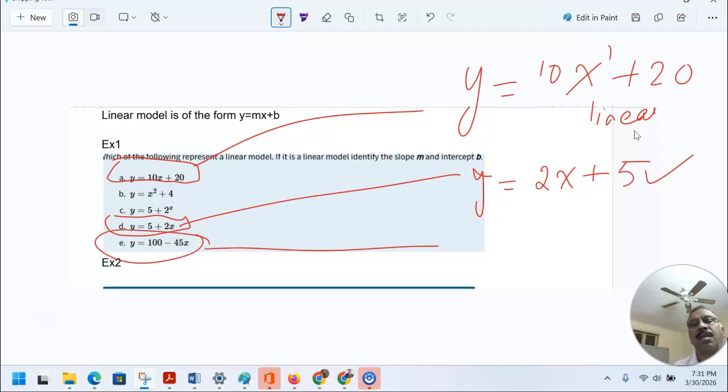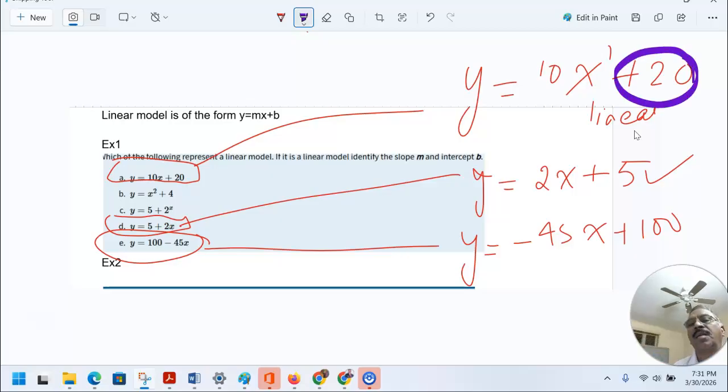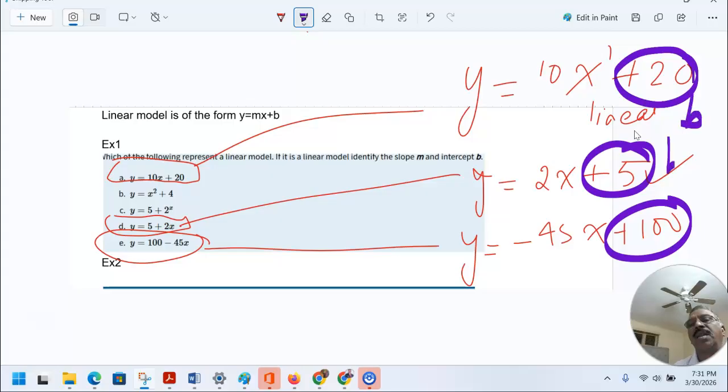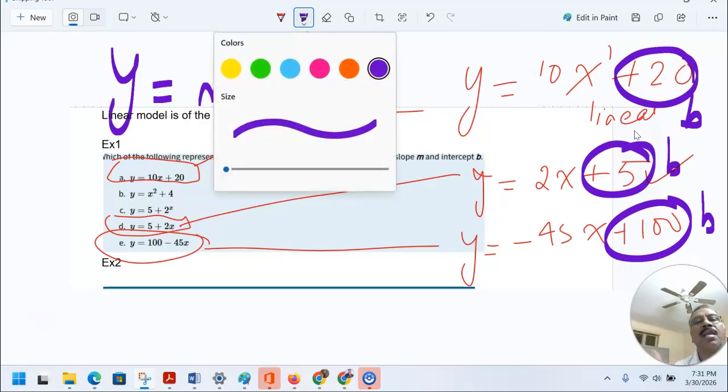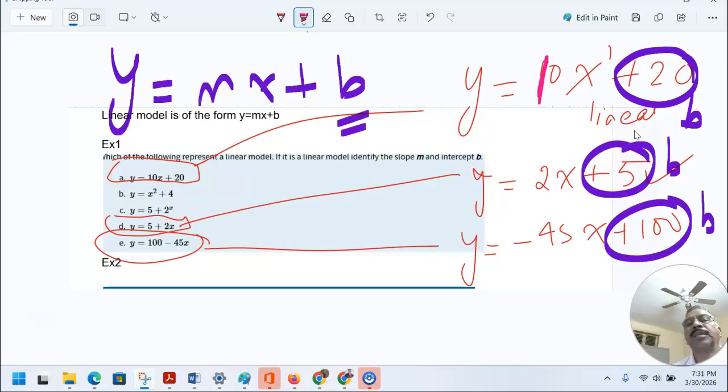Even this one, y equals, we can rearrange and write 45x plus 100. Each time we can write down the y-intercepts, which is b in the linear model y equals mx plus b. So the b part is the y-intercept. And this 10 is the slope, the number that multiplies x. Here 2 is the slope.